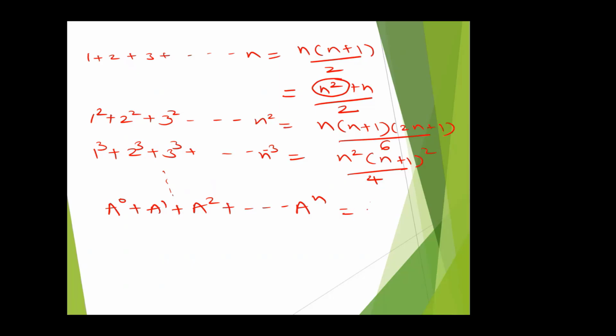So the standard formula is a raised to n plus 1 minus 1, divided by a minus 1. So again, this a might take any value.